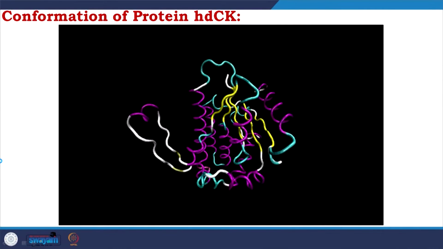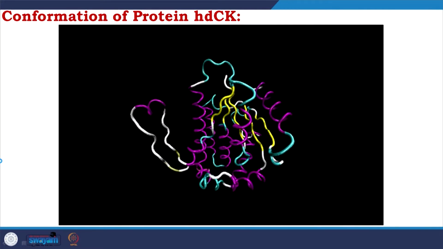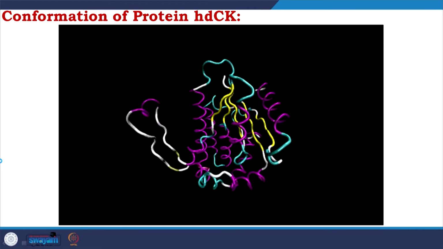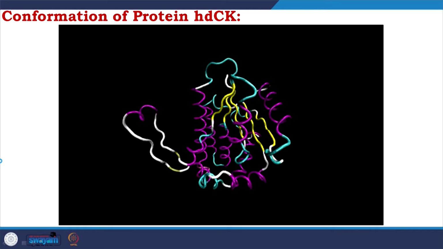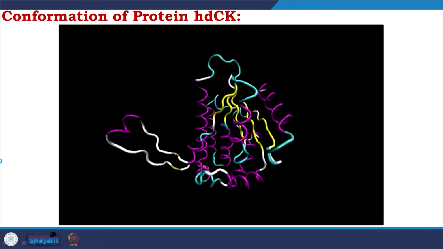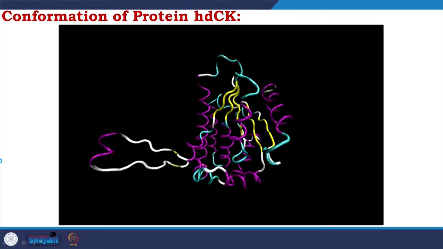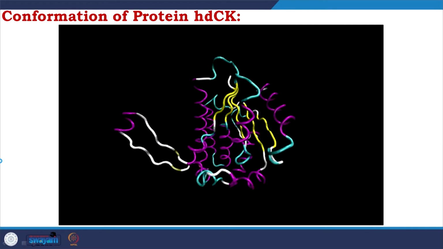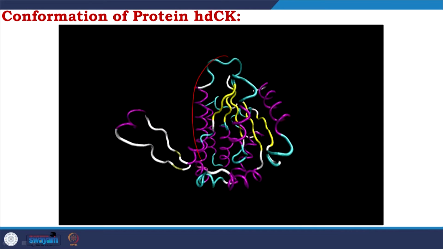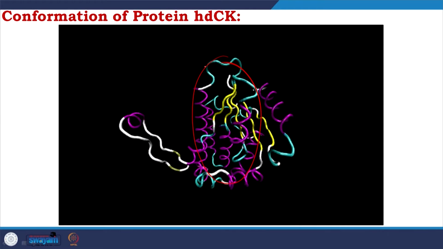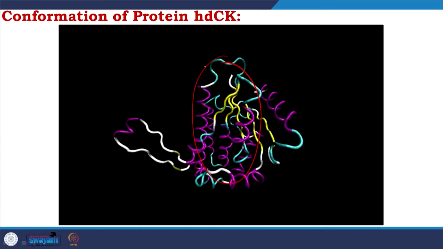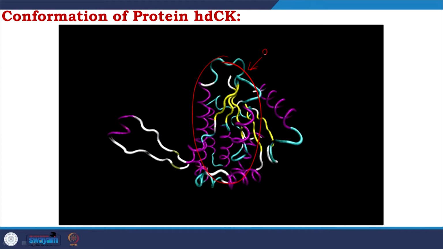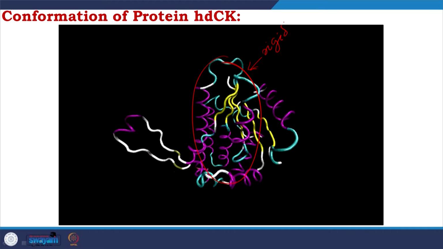But what I am trying to say is, if you look at this carefully, you will understand that this 5 nanosecond run and the movie I have created from it helped me understand that, one, the central core of my protein has certain rigidity. So, this part is rigid.